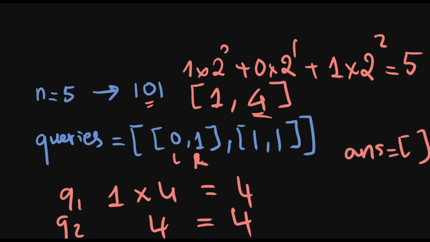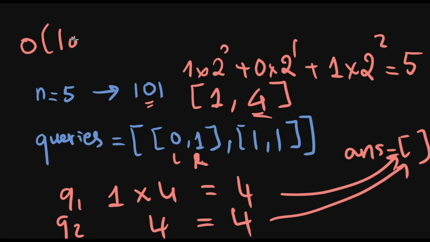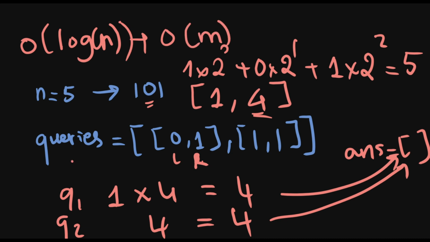The time complexity of this brute force approach is roughly O of log n, which is when you convert the integer n into a binary representation, plus O of m, where m is the length of the queries.